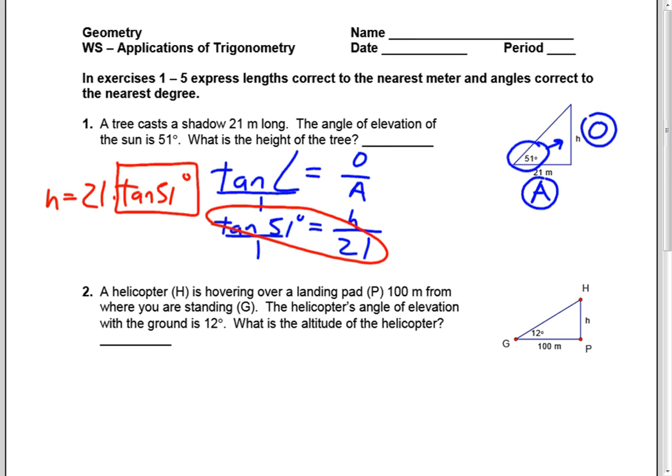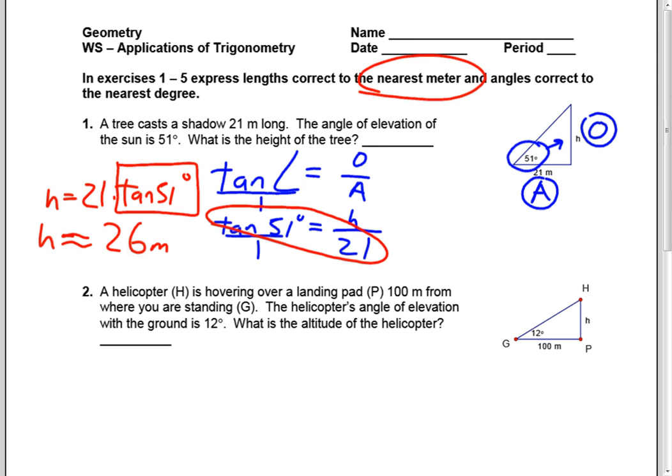It doesn't show you a fraction. What does it show you? A decimal. So this is just some decimal that the calculator is going to figure out for you. This is 21 times some decimal. And if you put that in your calculator, you will get, to the nearest meter, in this case, 26 meters.